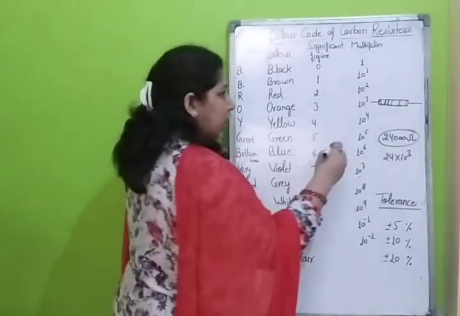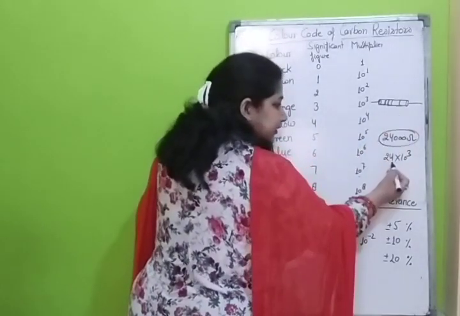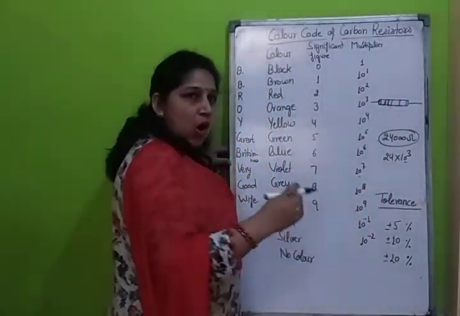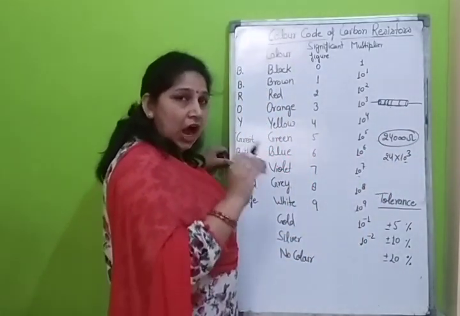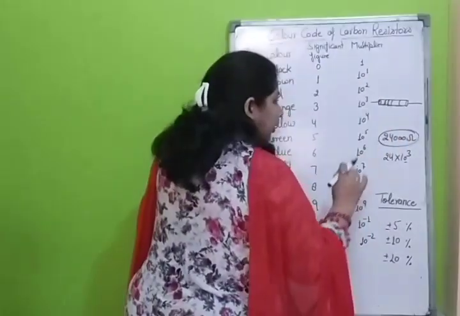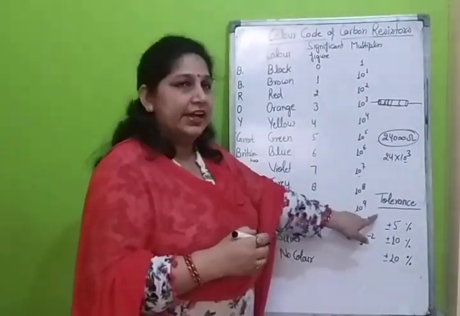Got it? Now, the first line indicates the first digit, the second line indicates the second digit, and the third line indicates the multiplier, how many zeros it has. Got it? And the fourth line indicates how much tolerance it has.